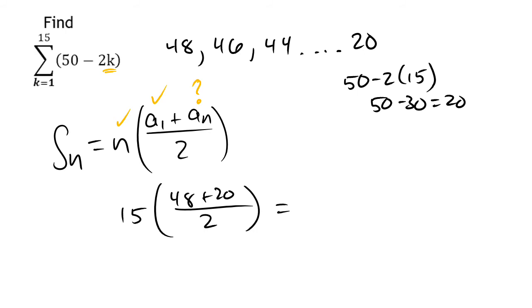So I'm looking at 15 times 34, which is 510. 15 times 34 equals 510.